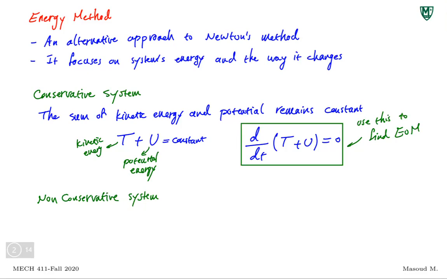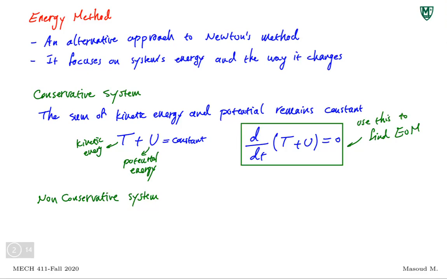So what is that work? In this case, we're just dealing with viscous dampers. So I'll just write the expression for the non-conservative system with a viscous damper. It's the specific kind of system we deal with.